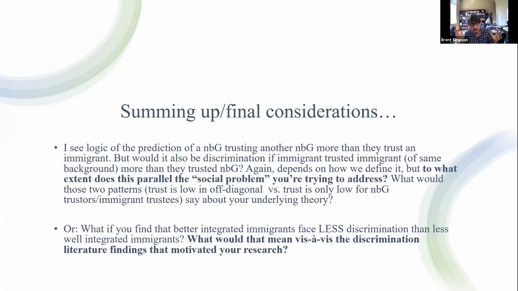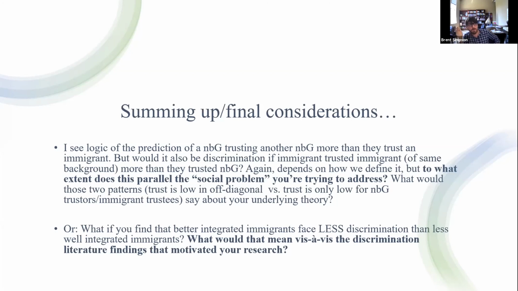No one, as far as I know, is particularly worried about discrimination against native-born Germans. Well, that's clearly wrong. I think there's a contingent of people who are worried about discrimination against native-born Germans, but that's not who you're worried about. So the question is what would those two patterns, so, trust is low in the off diagonal versus trust is low only for native-born German trusters and immigrant trustees, say about your underlying theory?